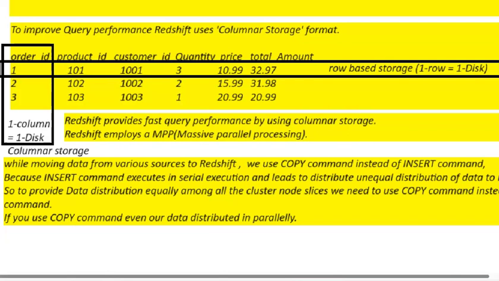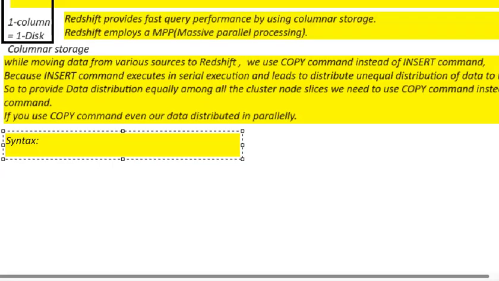First one is the destination table name, then the data source, and the authentication method. The syntax of this copy command is very important, so you must remember this. It will look like copy. Here you need to provide your table name, that is your destination table name.